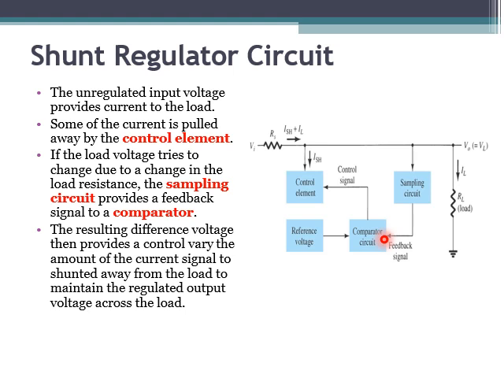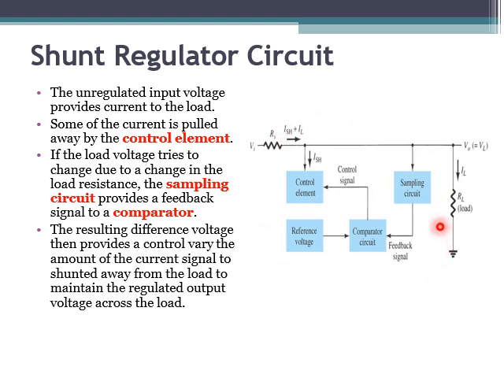So in the comparator, the feedback signal and the reference signal, it will compare these two input signals. Now it will produce the output, which will be given to the control element. Okay, clear? So where is the control element connected? It is connected in shunt with this. Clear? Right. So now we'll see the actual circuit diagram.